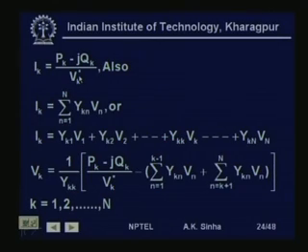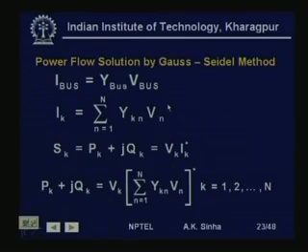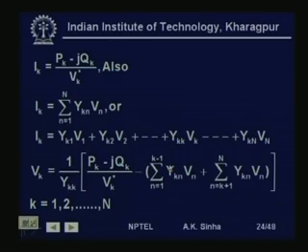That is, instead of writing S k is equal to P k plus j Q k, if we write P k minus j Q k, then we can write this as V k conjugate into I k, and therefore, I k will be equal to P k minus j Q k by V k conjugate. So, this is what we have written here, I k is equal to P k minus j Q k by V k conjugate.